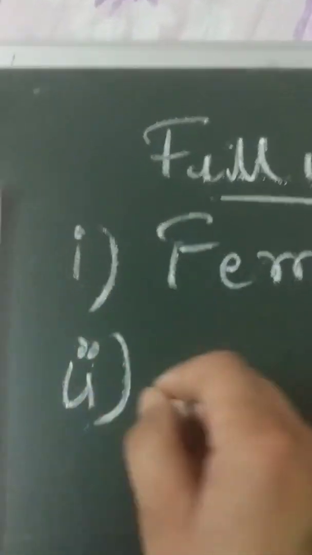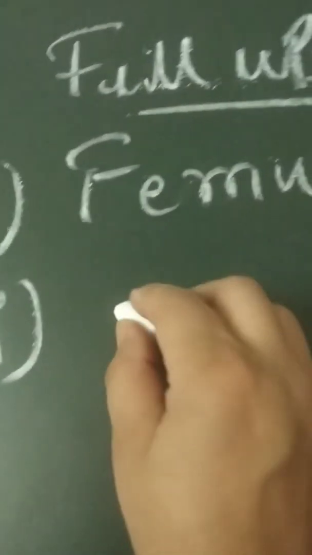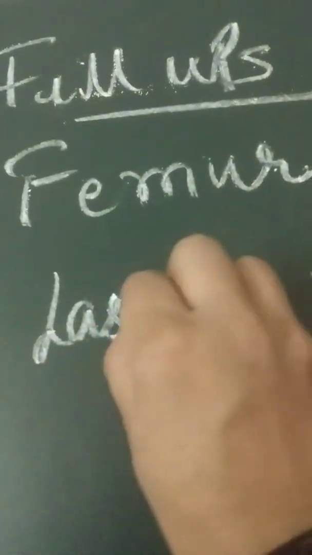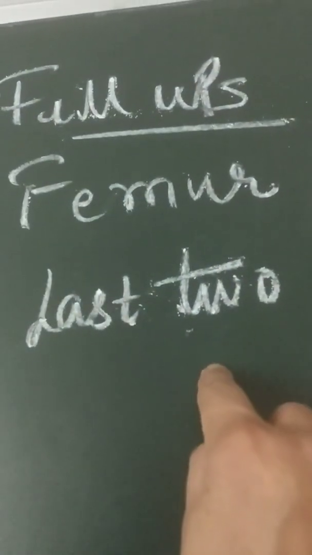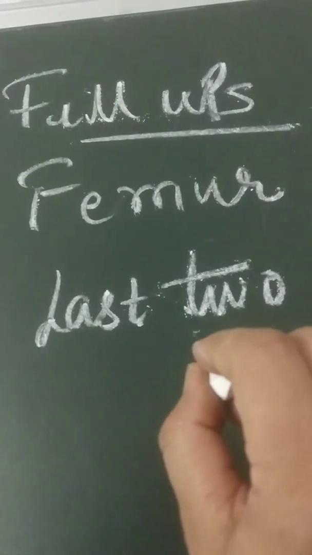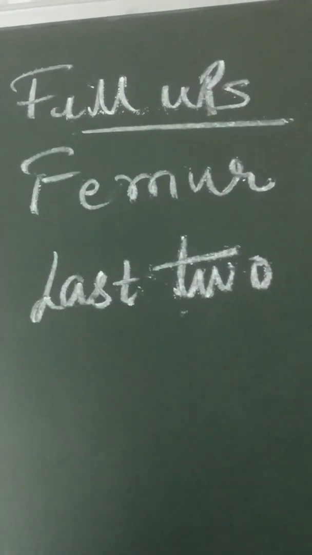Second, the dash pairs of ribs are called floating ribs. Second answer is last two. Clear?